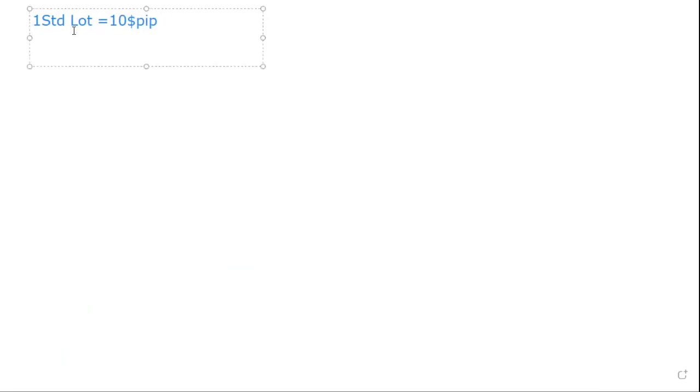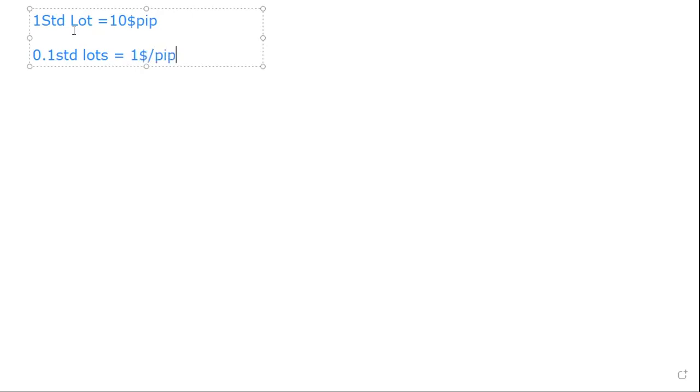Now somebody else will be using 0.1 standard lots. What will this person be getting per pip? If one standard lot is the same as $10 per pip, what about 0.1 lots? That person will be getting $1 per pip.